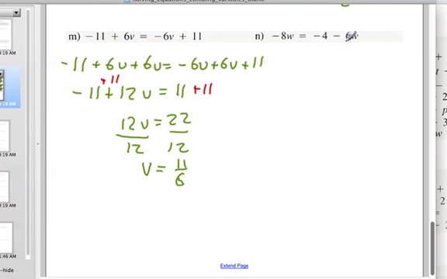Now here, the easiest way to solve this is by adding 6w to both sides, because negative 8w plus 6w is equal to negative 4 minus 6w plus 6w. And I'll squeeze that in.